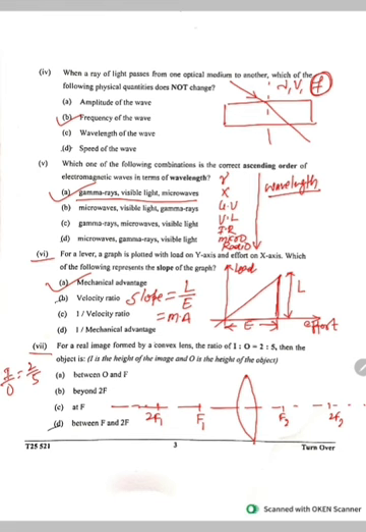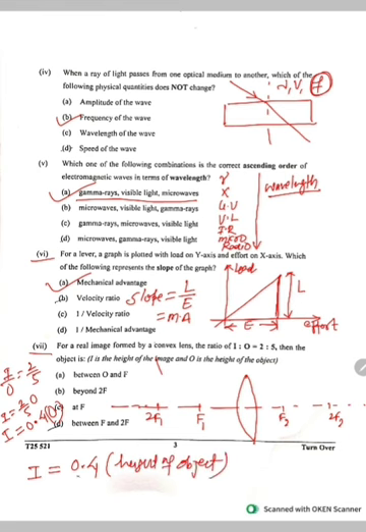Through this we can write I is 2 by 5 times height of object, or I is equal to 0.4 times height of object. So the height of image is 0.4 times height of object. It has come as 0.4, which is less than 1.